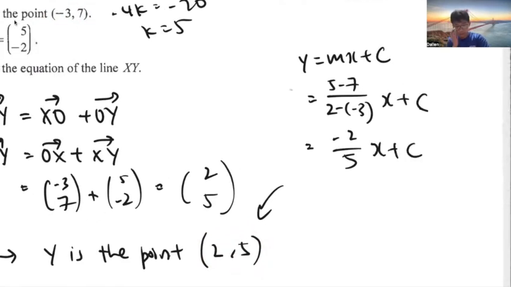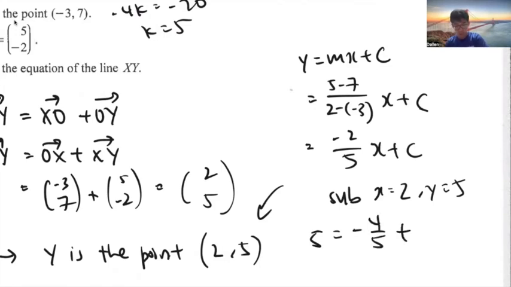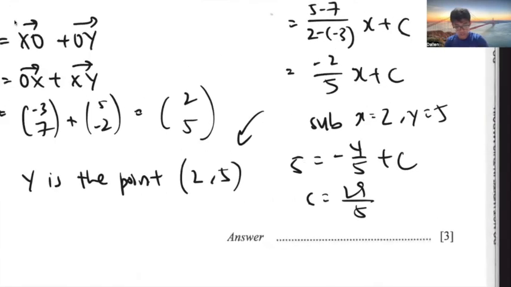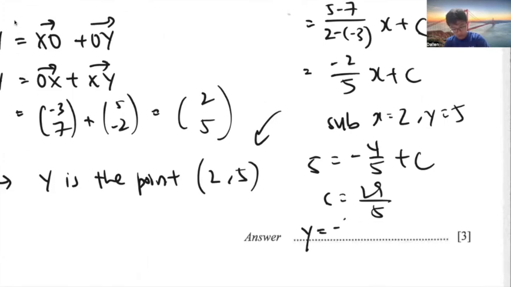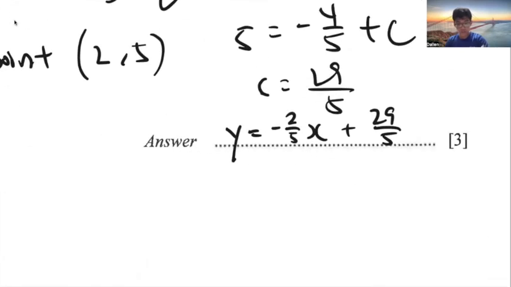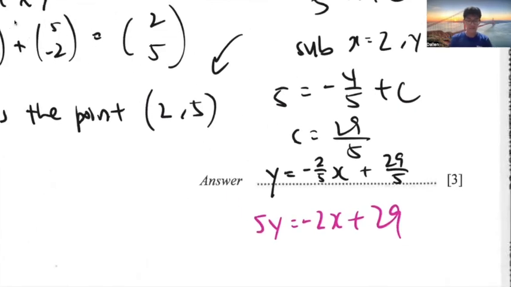Then you just sub a point in. Sub x equals 2, y equals 5. So you get 5 equals -4/5 plus c. c equals 5 plus 4/5, 29/5. So the equation is y equals -2/5 x plus 29/5. Or if you want to write it nicely, 5y equals -2x plus 29. So this is part B.